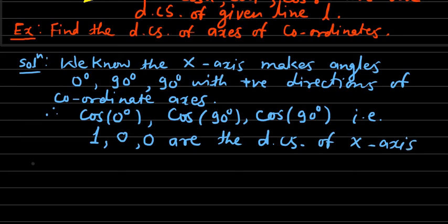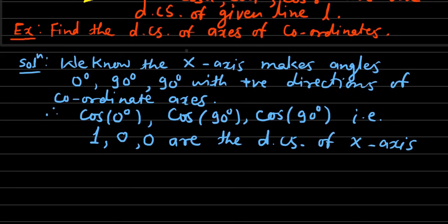Now the similar approach can be used for the remaining two also. Again we know that the y-axis makes angles 90 degrees, 0 degrees and 90 degrees with the positive directions of the coordinate axes. Always we have to take the x-axis, y-axis, z-axis in order. Their order should not be disturbed.